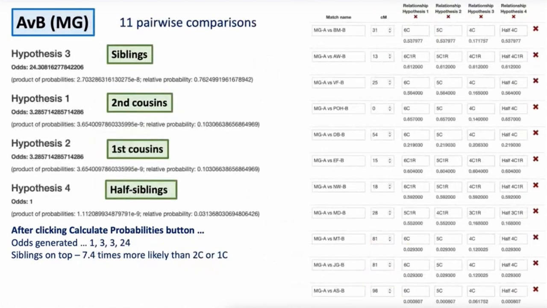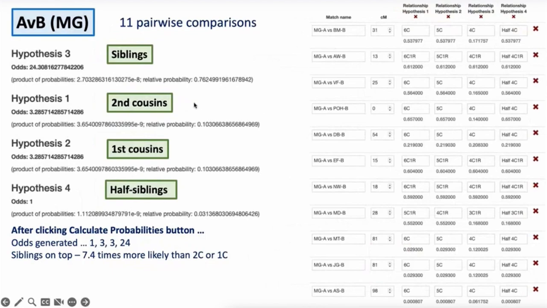I did the same kind of comparison using my data, and of course I'm a generation younger than my Aunt Joan, so the amounts of DNA were a lot lower, and I even had zeros in there as well. This came out again with odds of 1, 3, 3, and 24. Siblings was again on top, with odds 7.4 times more likely than second cousins or first cousins, who came in a joint second, and again half-siblings came in with odds of 1.